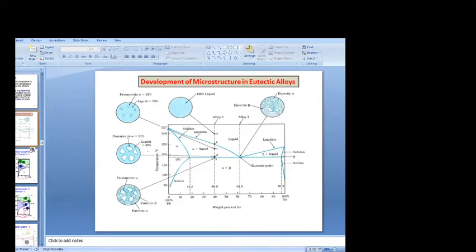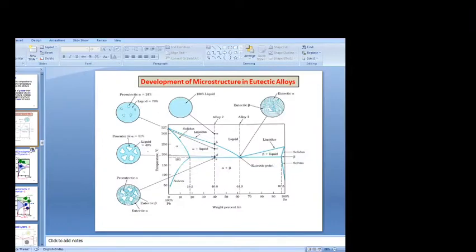As we know, the phase diagram is basically representing the microstructural representation of the alloy system, and it is also showing the systematic behavior of the microstructure in the alloy.